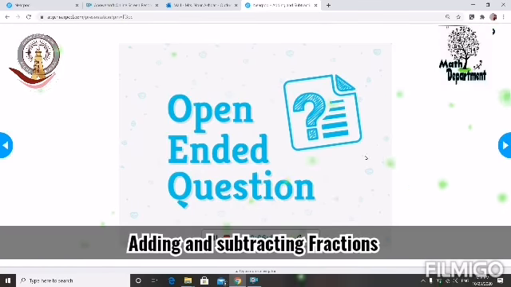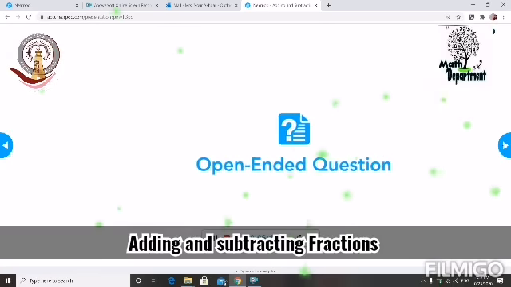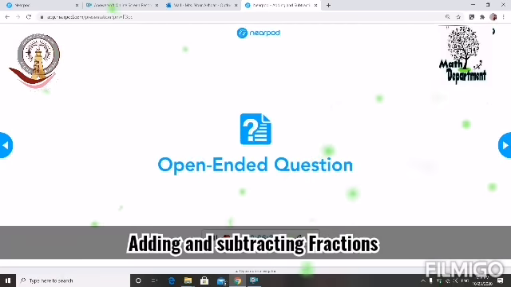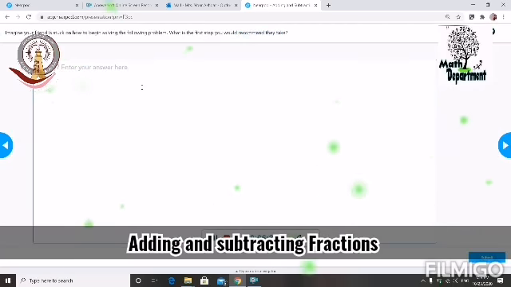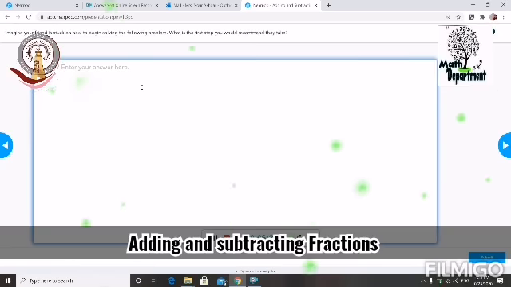Let's look at this open-ended question. Imagine your friend is stuck on how to begin solving the following problem. What's the first step you would recommend they take? I have 2 over 5 plus 1 over 2.